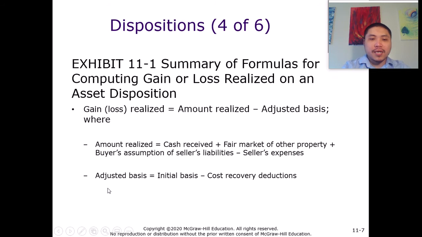And the adjusted basis is equal to initial basis subtract cost recovery deduction, so depreciation, amortization, depletion. So this is just an overview of how we get to the gain or the loss realized in the transaction.